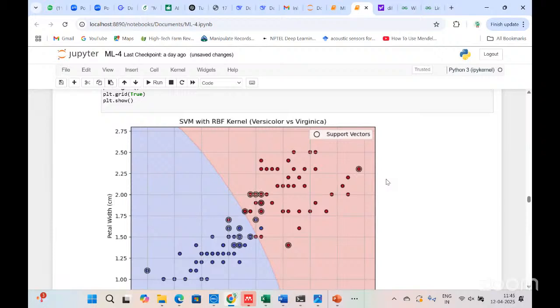See here, do we get a straight line of separation? Because this is a non-linear separable case. Though we are using SVM classifier, we are not getting a straight hyperplane for division of classification. Is it right for classifying? But we are getting the support vectors. But it is not nearer to the boundary line.